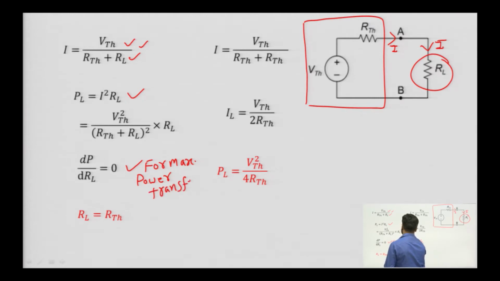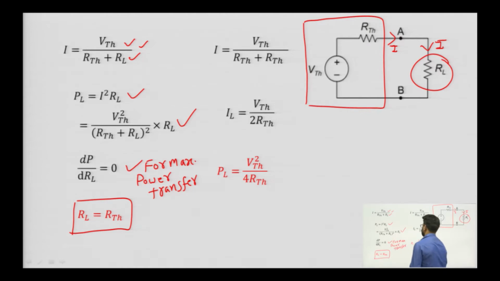When we differentiate this expression of power with respect to RL, we get the condition that RL must be equal to RTH. So, this is the condition for the load to draw maximum power.